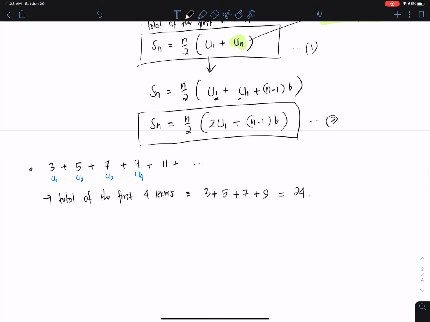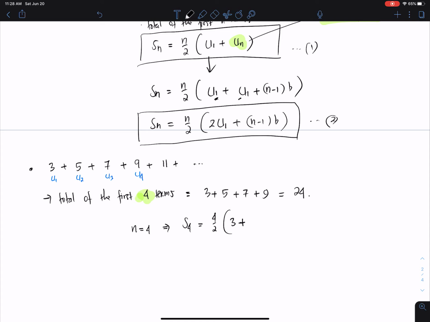Since the question is about the 4th term, meaning n equal to 4. So for n equal to 4, S4 will be 4 over 2, because it's n over 2, times U1. Our U1 is 3, plus Un.